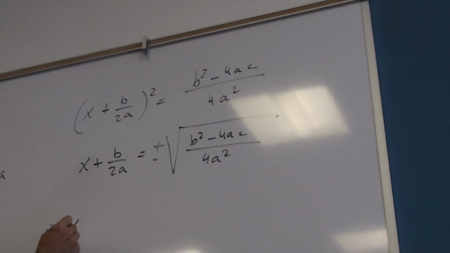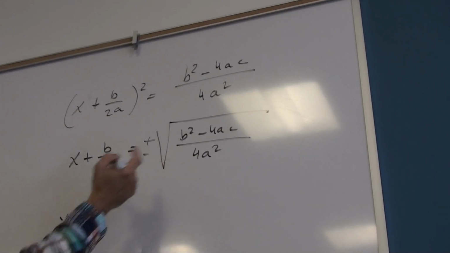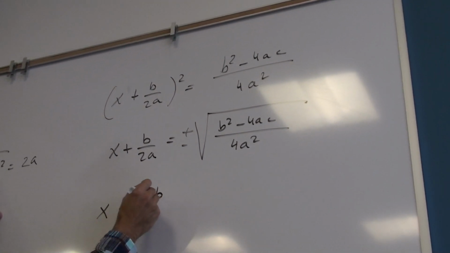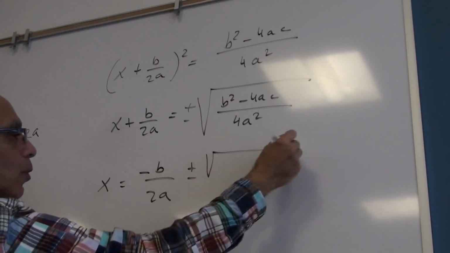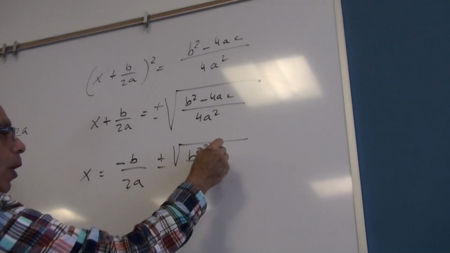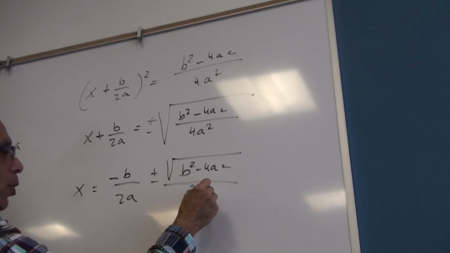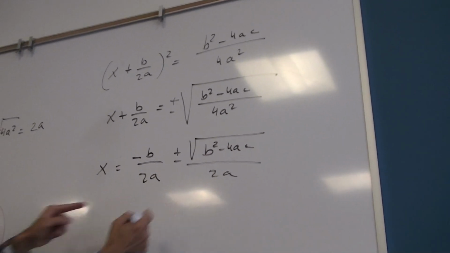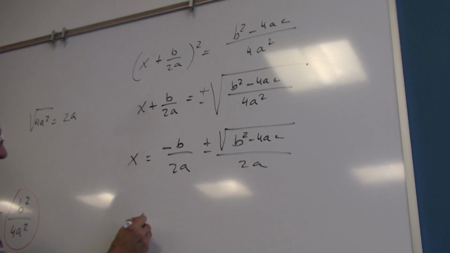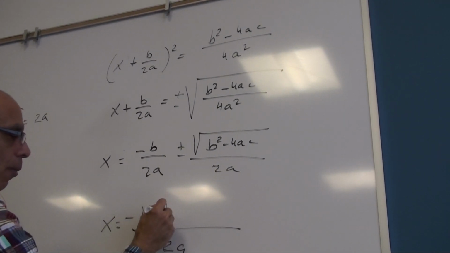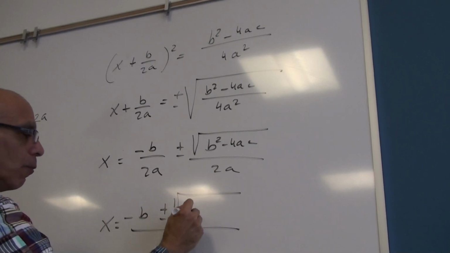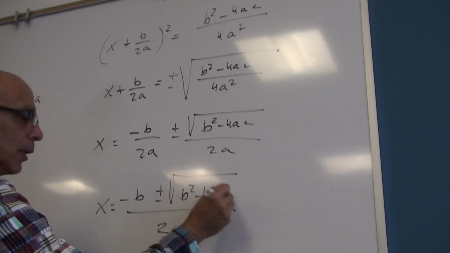So I can do that here. So I'm going to have x. I can move this guy to the other side. It's going to be negative b over 2a plus or minus the square root of b squared minus 4ac divided by 2a. I can combine these two denominators here, so I'm going to have negative b plus or minus the square root of b squared minus 4ac over 2a.